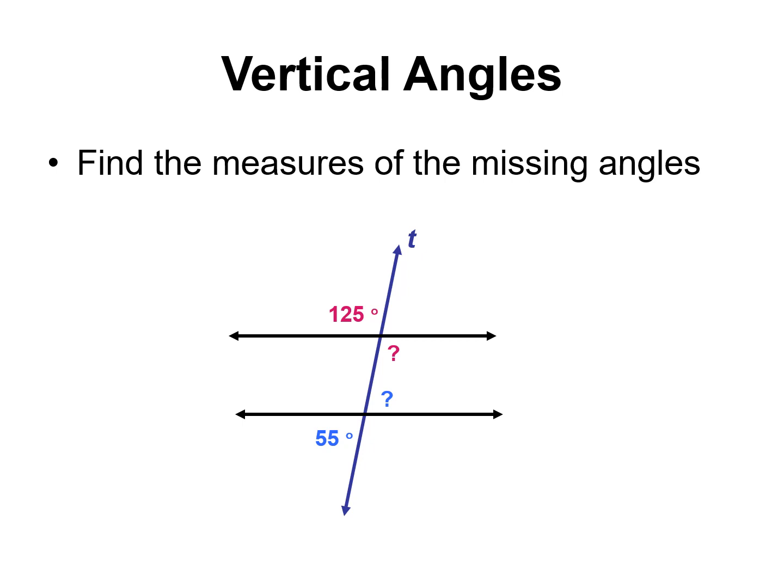Vertical angle, find the measure of the missing angle. 125 is vertical, so the missing angle will also be 125, and 55 is given, its opposite angle will also be 55. That is the property of vertical angles.